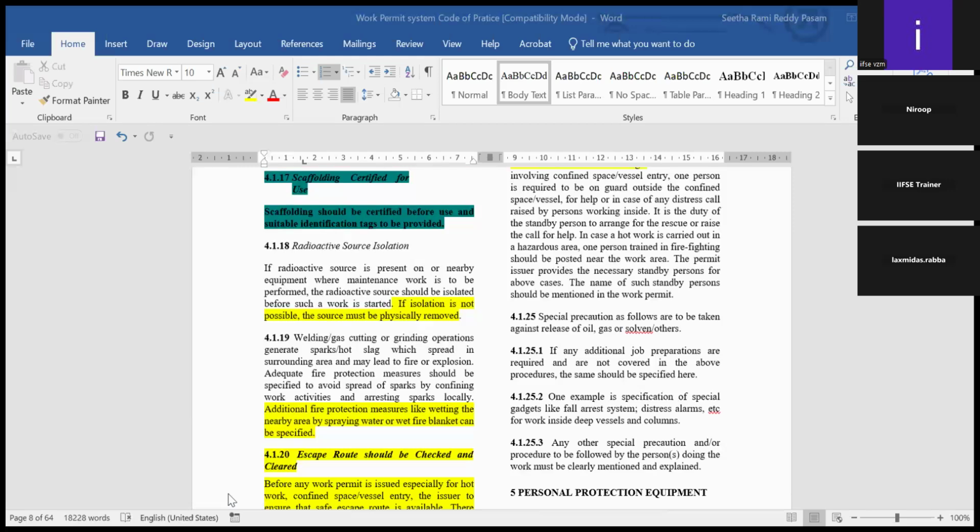Green is ready to work. Red is not supposed to enter, I mean, not supposed to work. And yellow sometimes comes with an additional precaution, such as fall protection; they can go and perform the activity. It will be given by the certified scaffolding supervisors. Even the scaffolds will be erected by trained scaffolders.